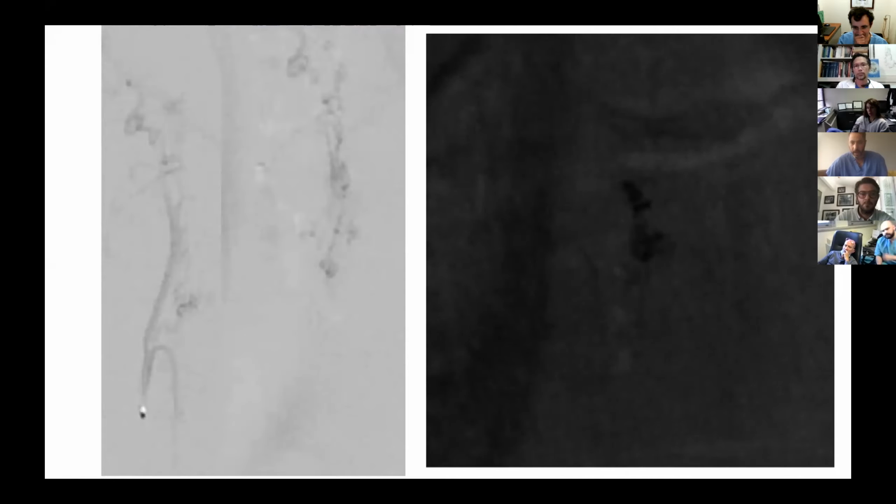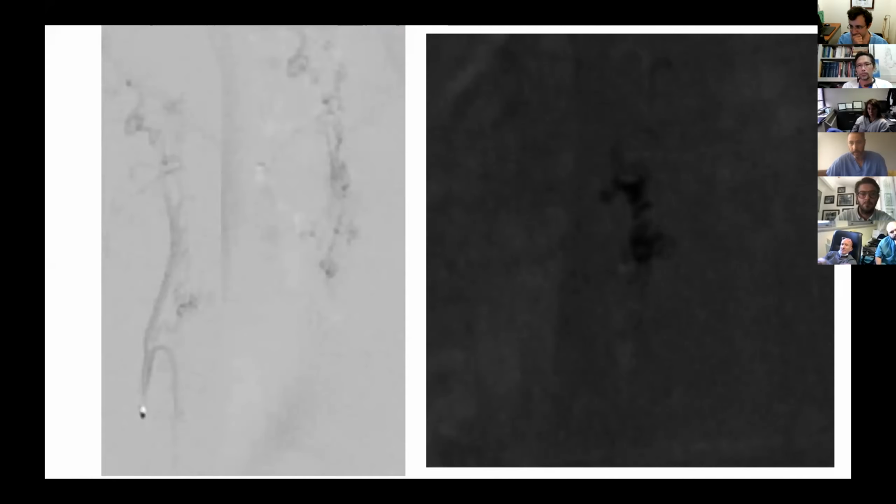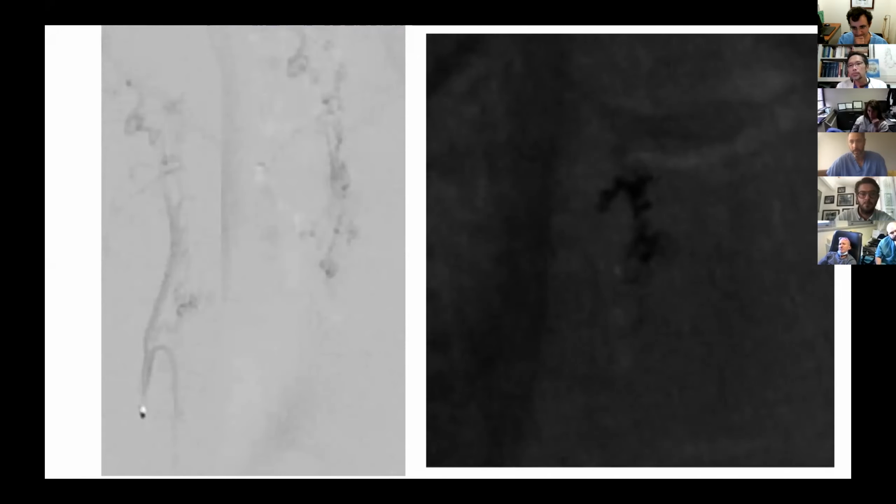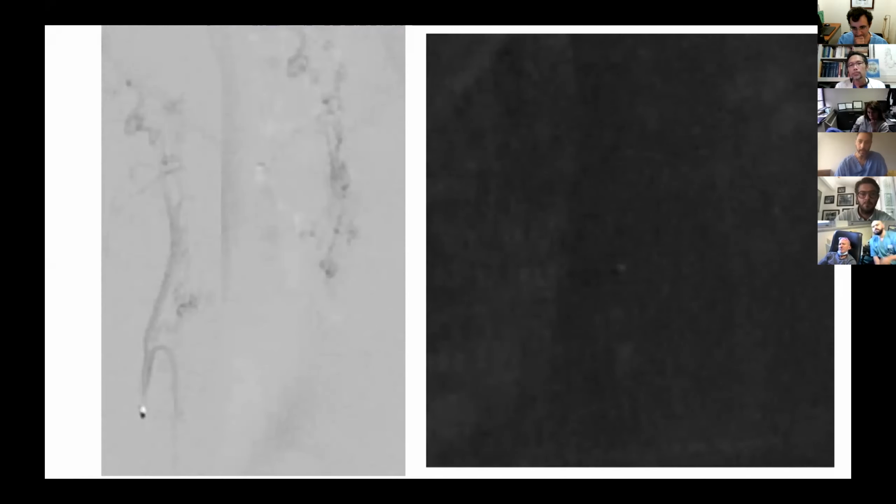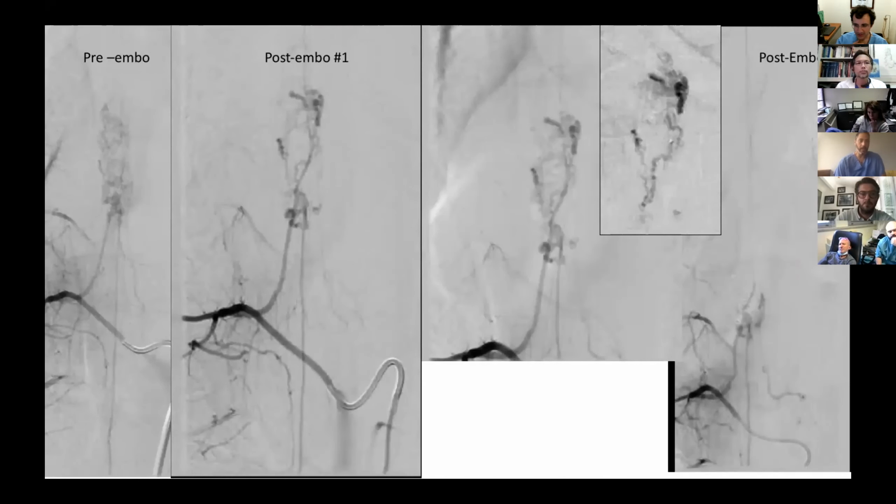You're just watching that reflux and making sure nothing comes back retrograde along the path of the catheter towards the anterior spinal. Everything has to go forward. And there the microcatheter is removed. That's real time.